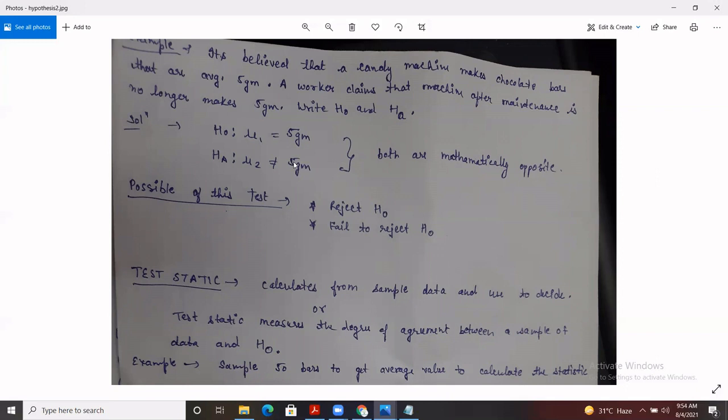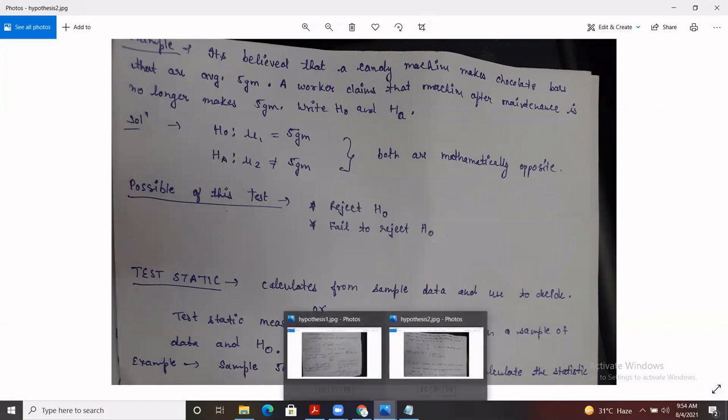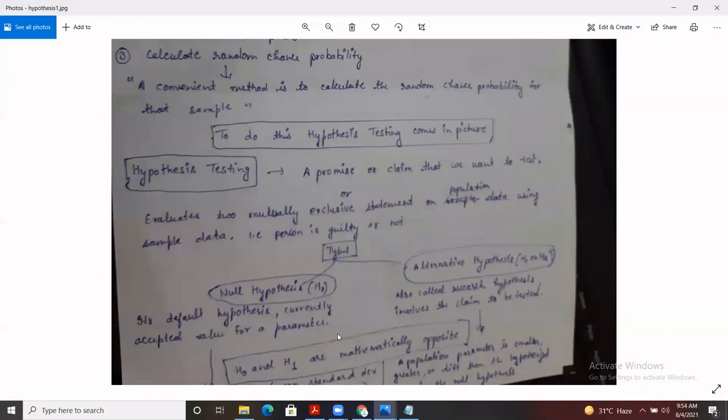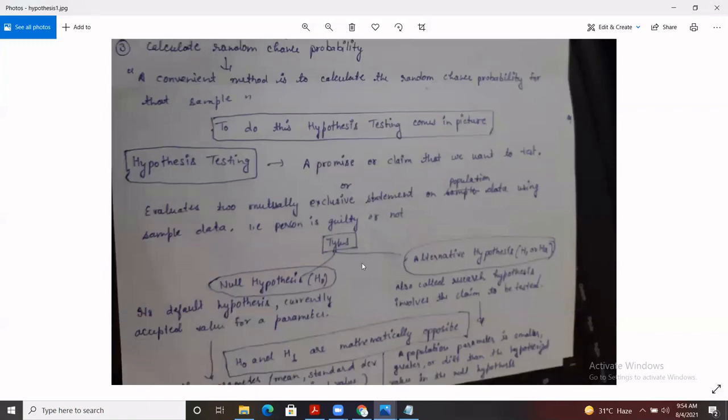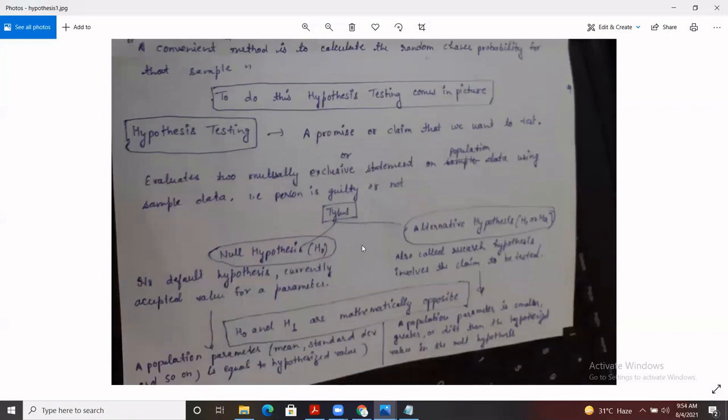Both are mutually exclusive. So now you must be clear on the null and alternate hypothesis. Null is the one which is already accepted, and alternate is the one that we need to claim or prove. Whatever we decide as the alternate hypothesis, that we need to prove.